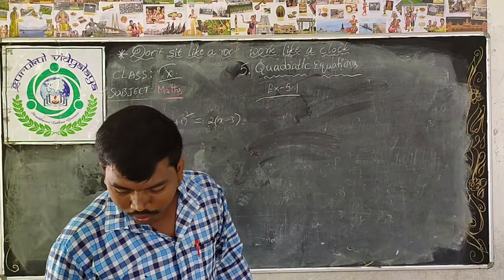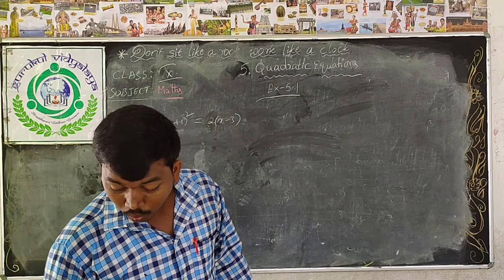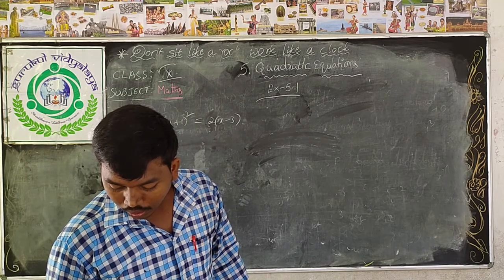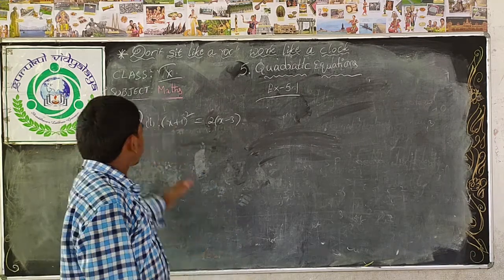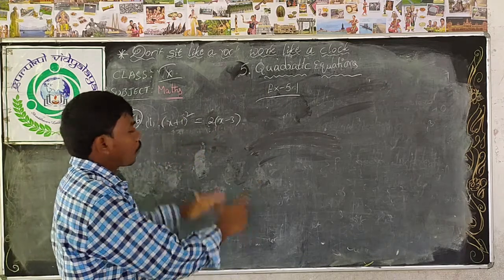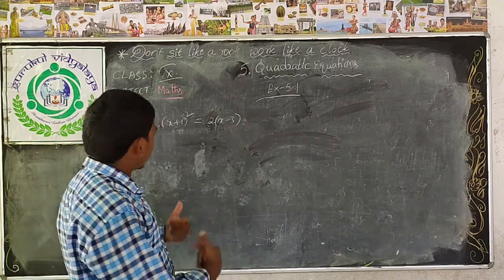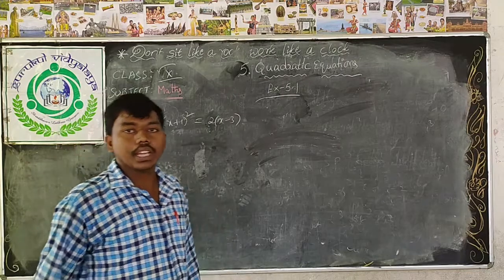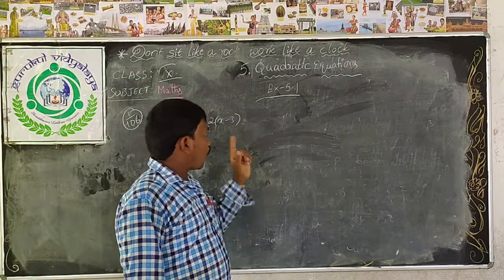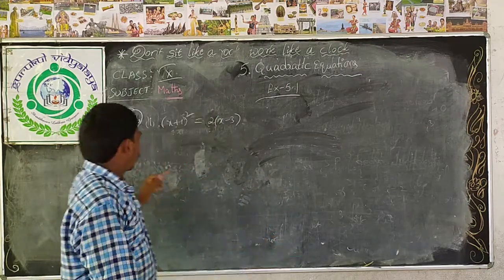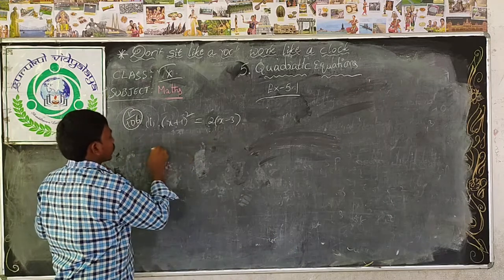Check whether the following are quadratic equations or not. First we simplify, then we see the degree, and the degree decides whether it is quadratic or not. So first simplify the given expression.